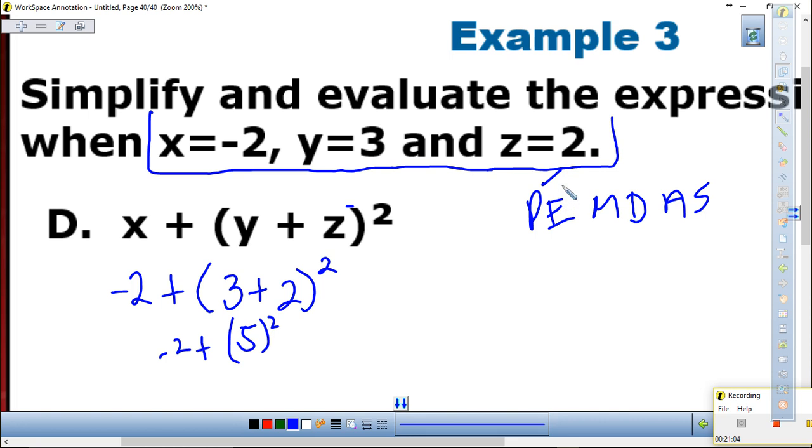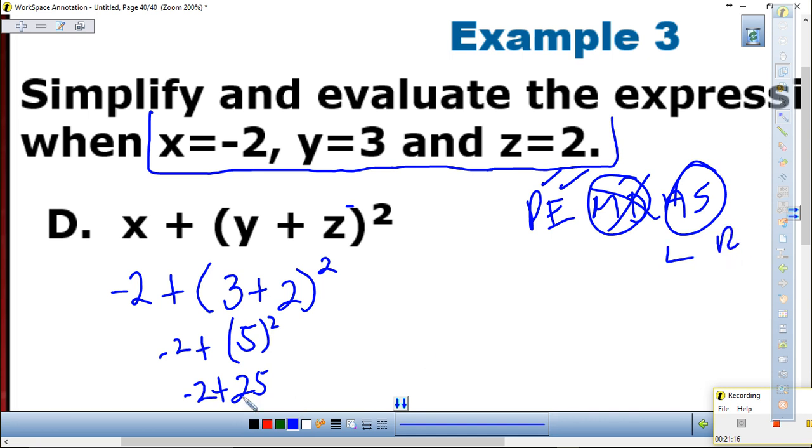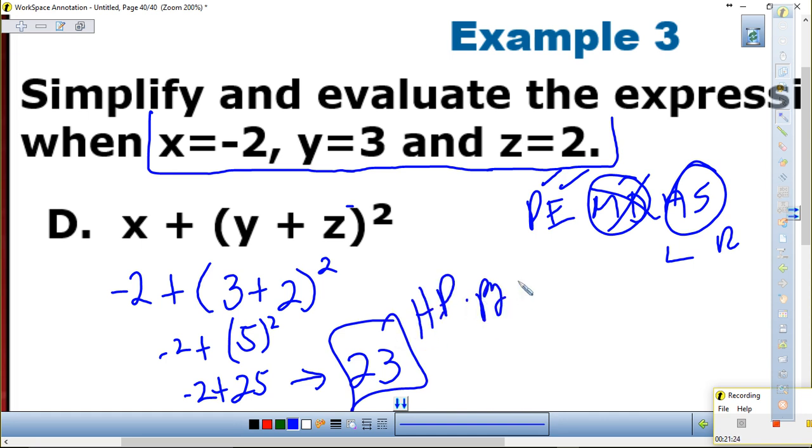Do we have an exponent? Yes. What is 5 squared? 25. Bring down the -2. Do we have multiplication or division? No. Addition and subtraction? Go from left to right. So what is -2 plus 25? 23, Michael Jordan.